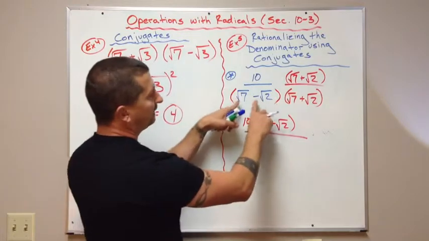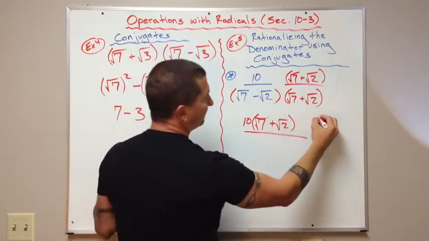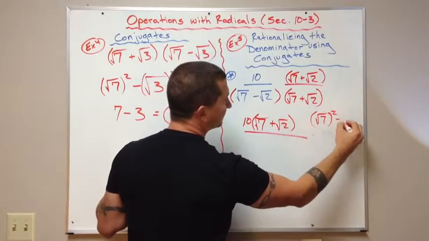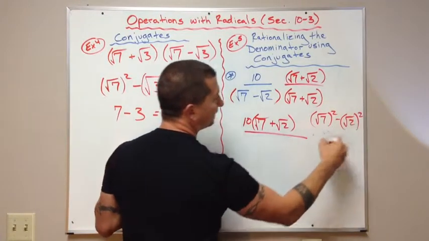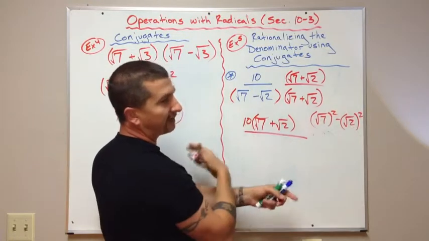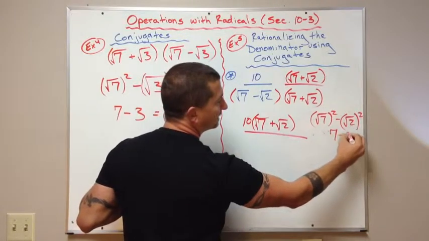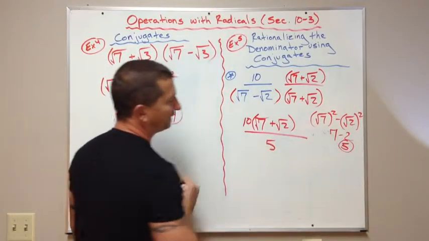over. When we FOILed this all out, we would end up getting the square root of 7 squared minus the square root of 2 squared. And remember, I just said that a squared square root they cancel each other out. So we're left with 7 minus 2, which is 5. So we're going to put 5 in our denominator.